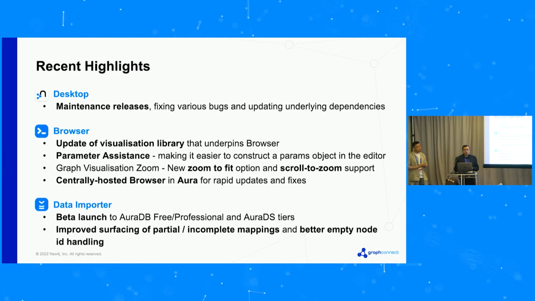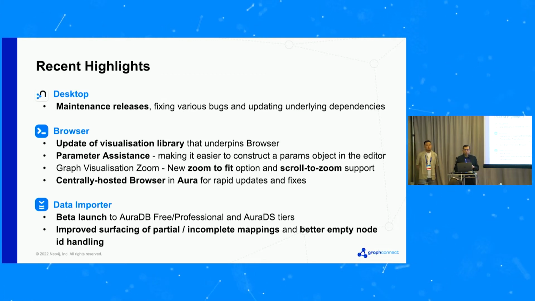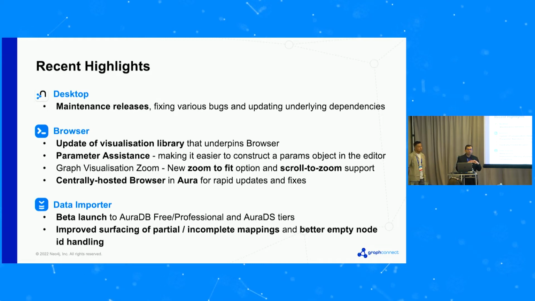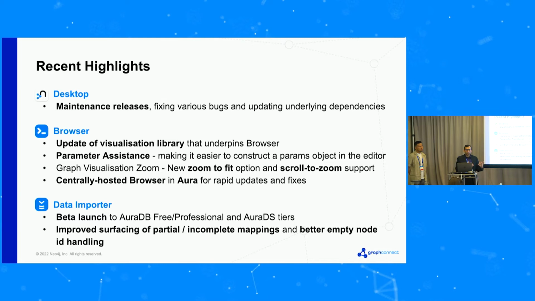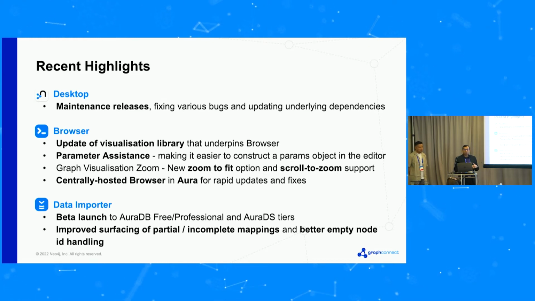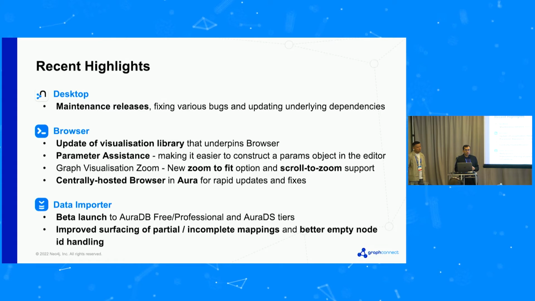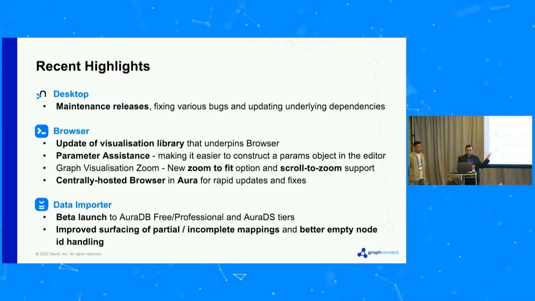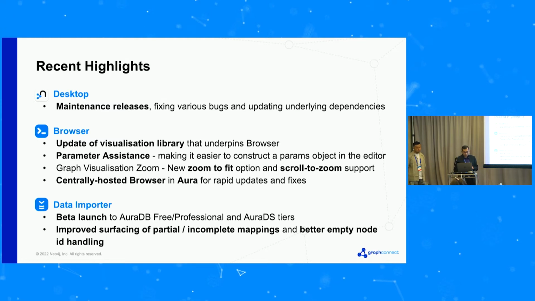Browser, we've made a few updates in the visualization library, in the speed in which that visualization paints. We use D3 behind the scenes, and we had to do a major bump up to use that. But then also parameters, working with parameters have been made much easier inside of browser. So if you have worked with parameters or if you're learning about parameters, check out some of the advancements there.